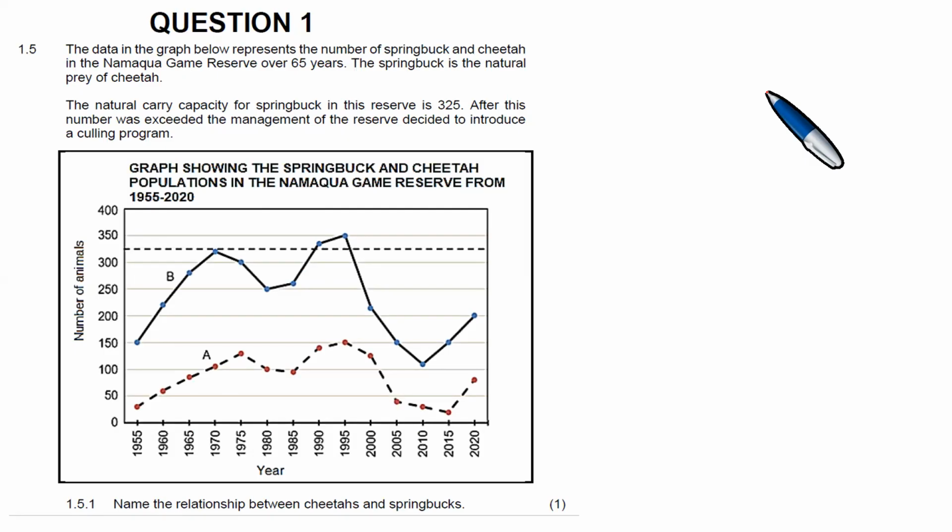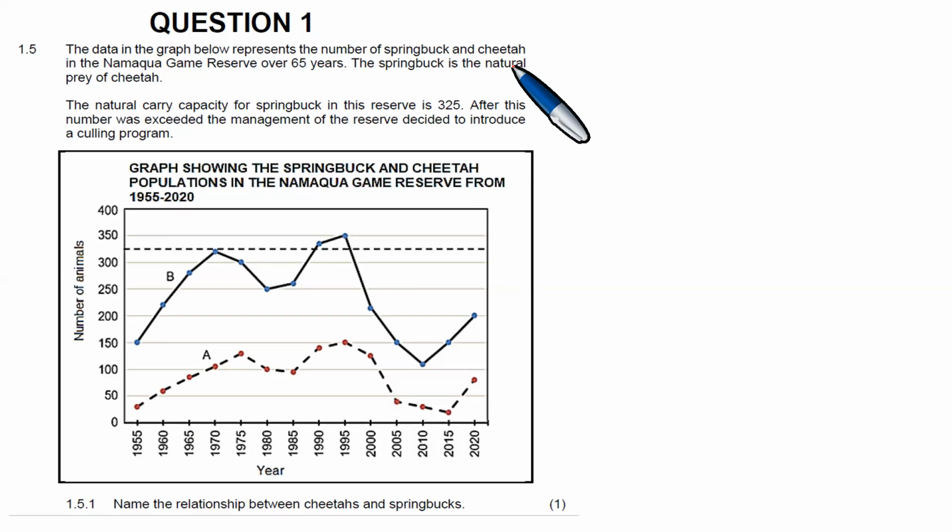Now if you look at 1.5, we're looking at data and we're looking at the graphs here. The data in the graph below represents the number of springbok and the cheetah in the Namakwa Game Reserve over 65 years. The springbok is the natural prey of the cheetah.